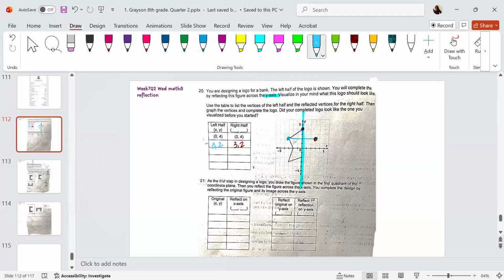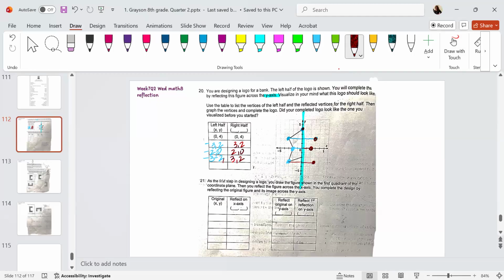Yeah. Next point right here, what is that? Negative 2, 0. So when it's gonna reflect, it's still gonna be 2 here. What is that gonna be? 2 and 0. Your next point on the left side is this point right there. What is that? -3, -2. And when you reflect it over, what is that gonna be? -3 and -3.